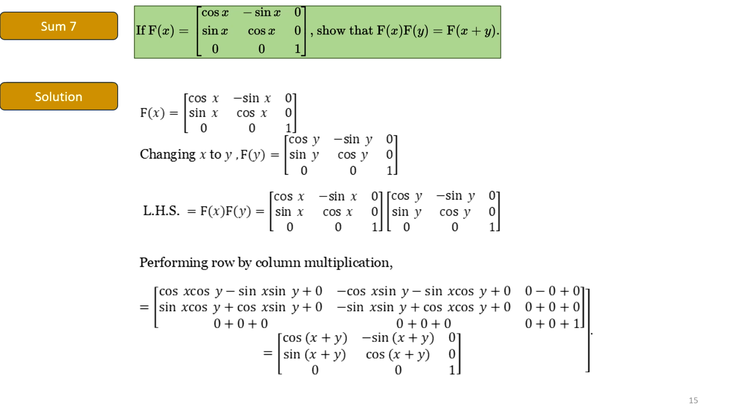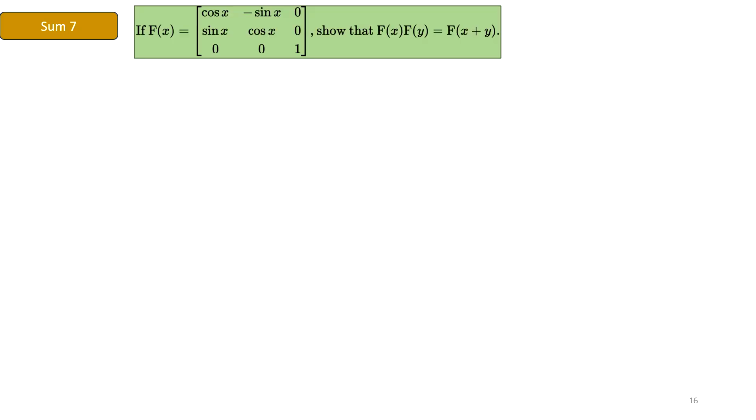Performing row by column multiplication of the matrices. Sum number 7. F of x is a 3 by 3 matrix with elements given in the problem statement. Prove that f of x multiplied by f of y is equal to f of x plus y.